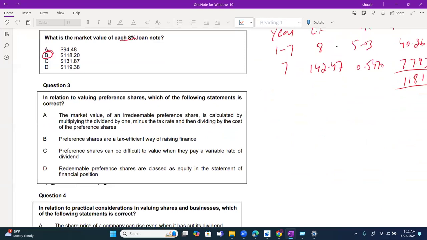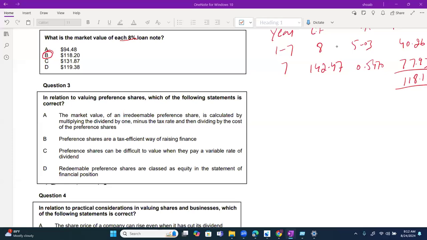Question number 3. In relation to valuing preference share, which of the following statement is correct?